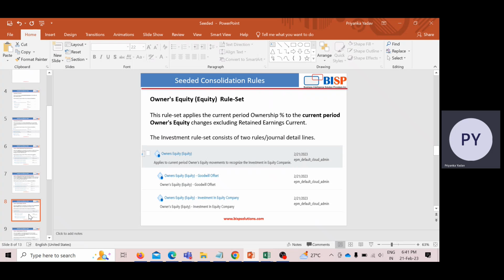So that's why you can see in the rules, the two rules which are there in the rule set, there is no reverse proportionalization because the consolidation percentage is 0. It does not rely on any intercompany data to execute the consolidation.